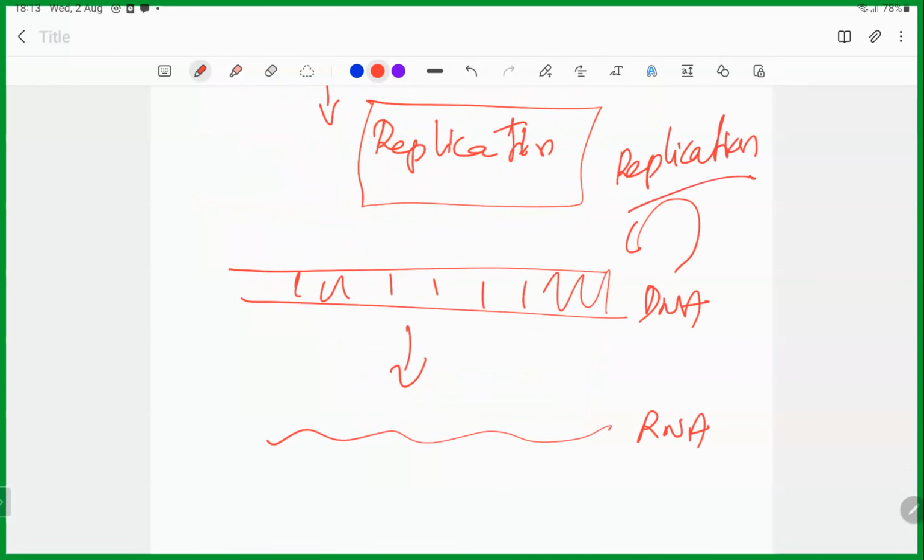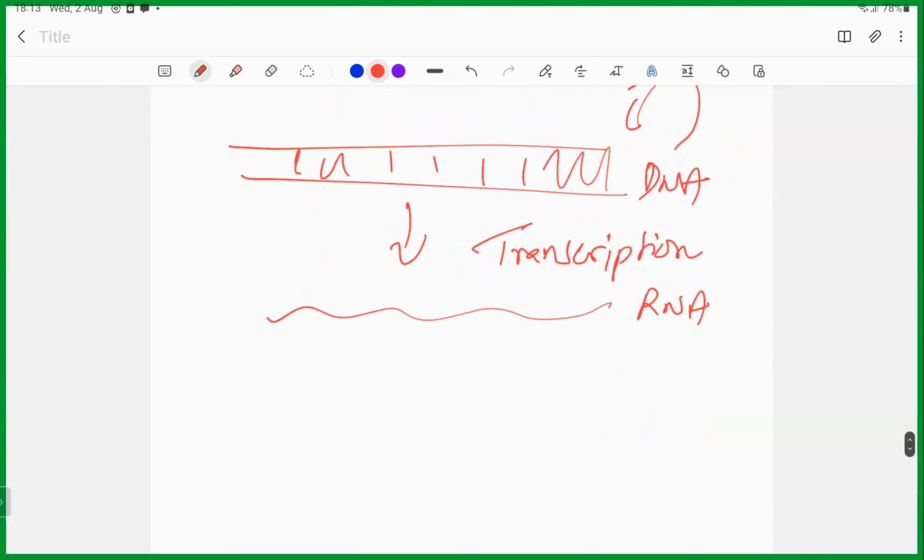Replication. From DNA, if RNA is formed, that process they call as what? Transcription. What is transcription? From DNA to RNA. The formation of RNA from DNA. That is called transcription. Is it clear? So DNA can make RNA.